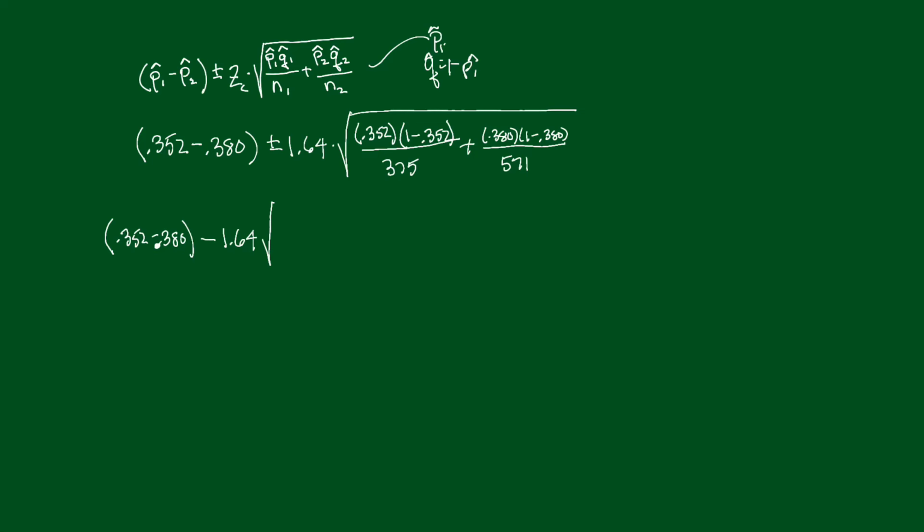Now you've got some operations here. I'm going to put it in just as I see it: 0.352 times 1 minus 0.352, divided by 375, plus 0.380 times parentheses 1 minus 0.380 close, divide that by 571.